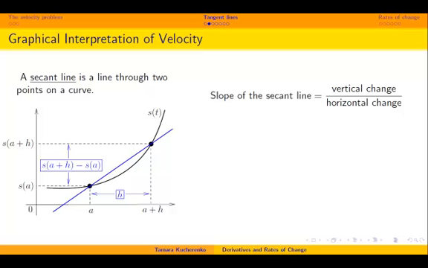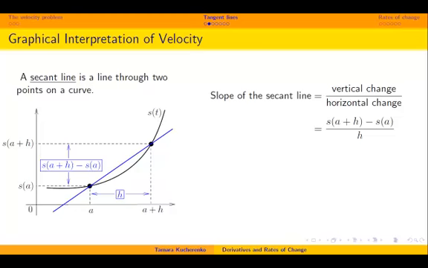Vertical change is the difference between the values of the function s at a plus h and a. Thus the slope of the secant line equals s of a plus h minus s of a over h.